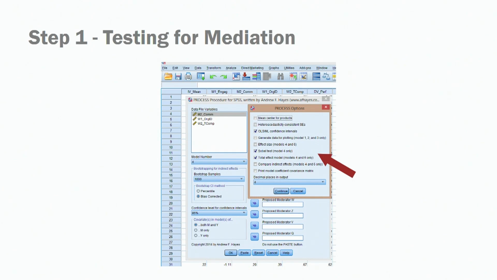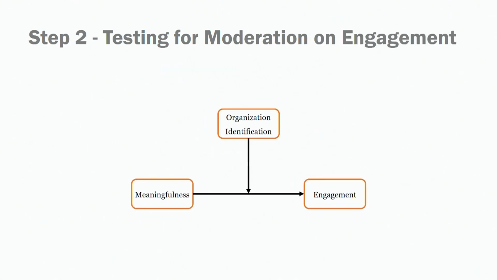But for completeness, we are getting the Sobel test here. Click on OK, and you should see the output. Again, we are not covering the output. You can watch this session about mediation to get more details on how to conduct mediations and how to interpret the outputs from mediation models.